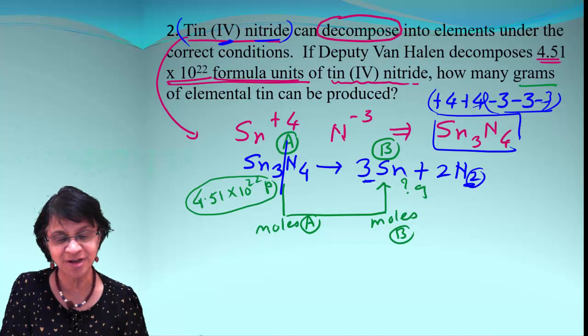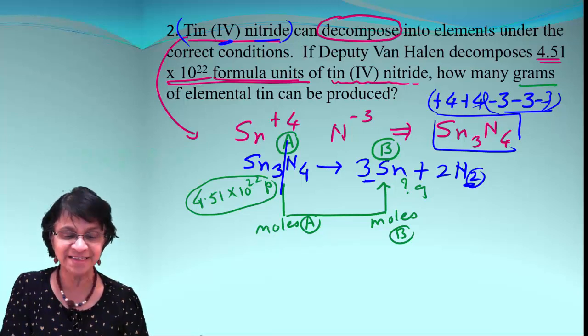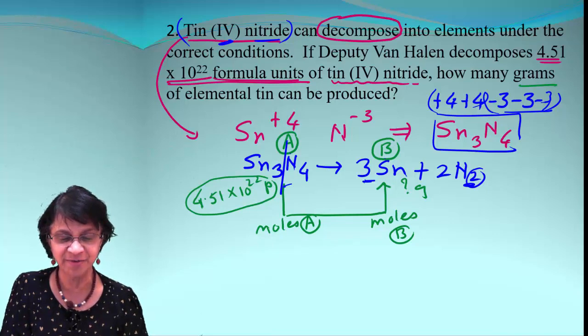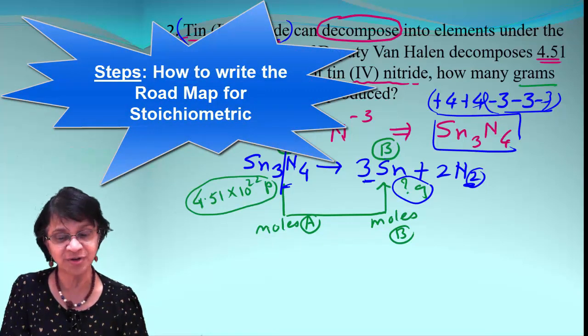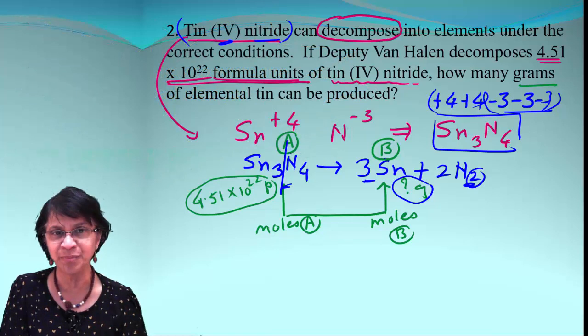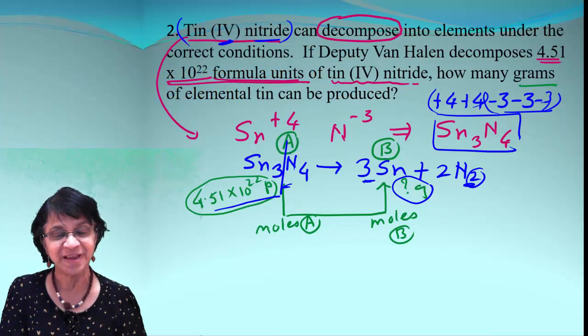The next thing which I did was, I know I'm going to go from this compound Sn3N4 to Sn. So I label those as A and B. And then I got this roadmap ready, which goes from Sn3N4 to Sn. Also, I need to find out how many grams there are. So I put my destination there, and then this is what is given to it.